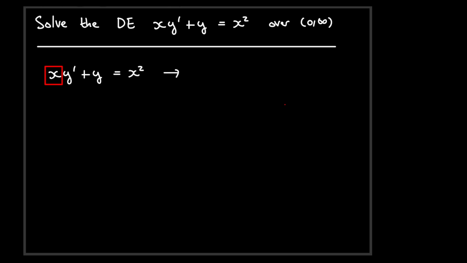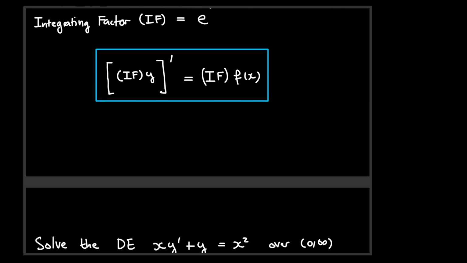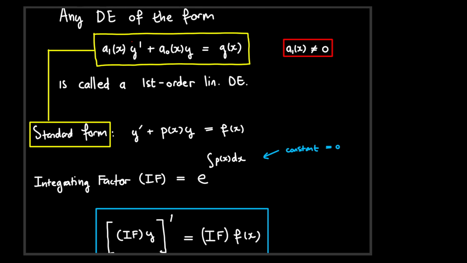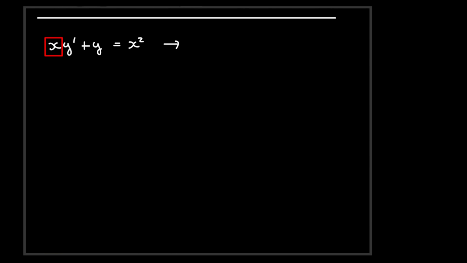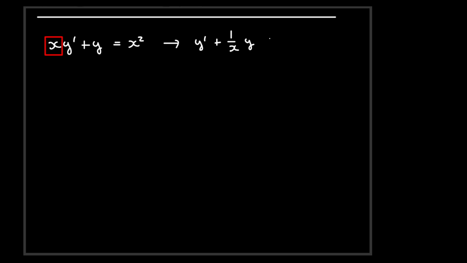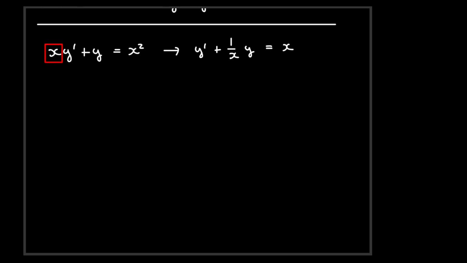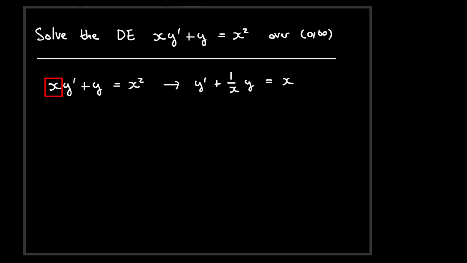If we go up to the top again, that's this function here, this a1 of x. And we need to divide the entire equation by this function. Okay, so given this, we just divide through, we get y prime plus 1 over x, y is equal to x. Okay, good. This is also fine, by the way, because we're assuming x is positive, so it's non-zero, and we can make such a division.